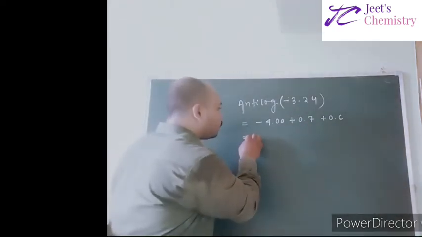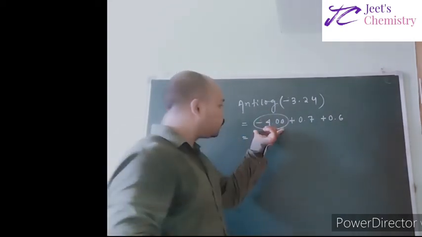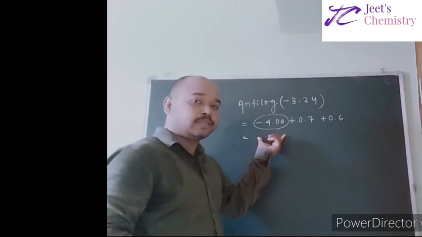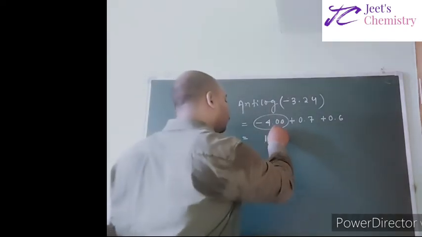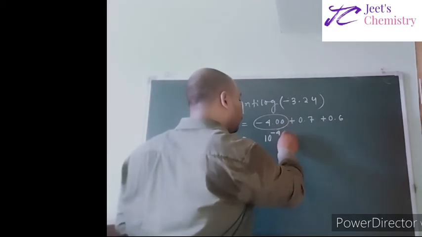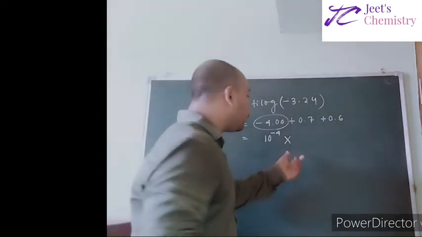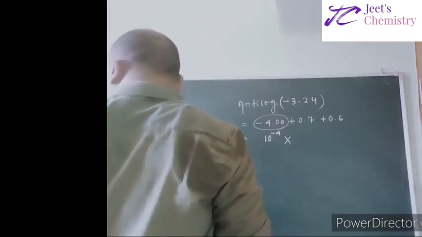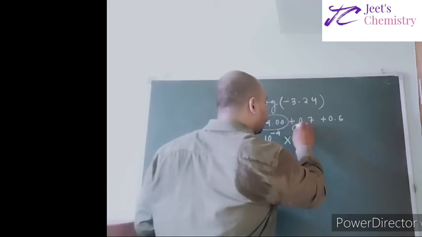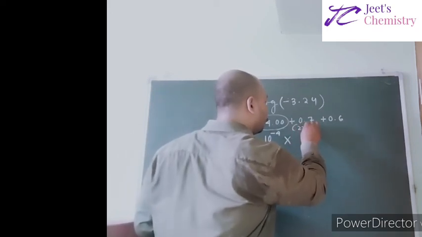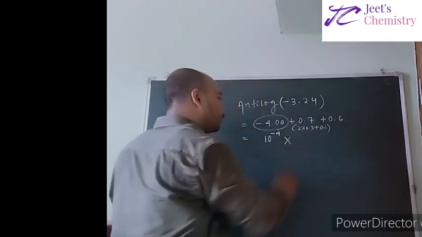So converting that into the number, since it is a whole number, it will be converted into a power of 10. So it will be 10 to the power minus 4. In case of plus sign we will get the minus sign. Now the 0.7 value, what is 0.7? I can write 2 into 0.3 plus 0.1 for 0.7.